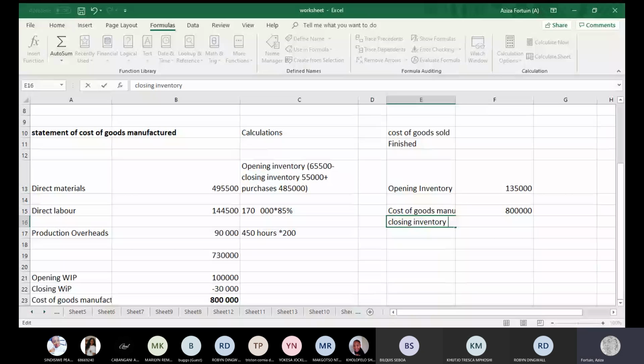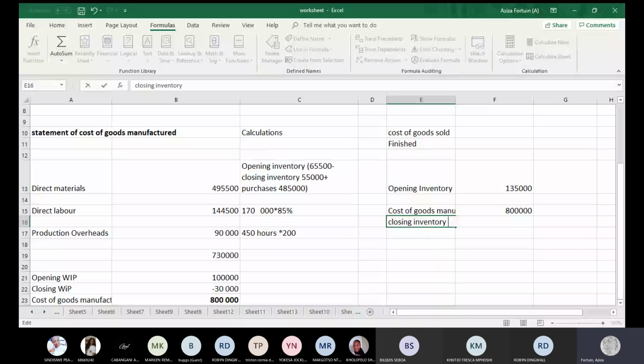Okay, let's do the closing inventory together. So we know that we calculated 800,000 based on 100,000 units, which left us with 8 rand a unit. If we do the closing inventory, they said to us that there was 80,000 units in finished goods at the end of June. So it will be 80,000 times 8 rand, which gives me 640,000.